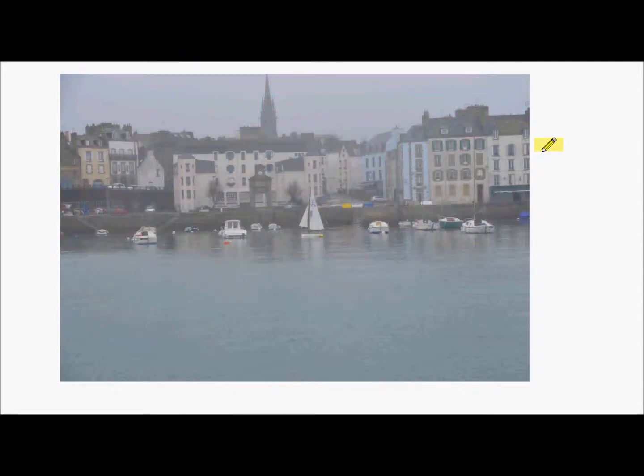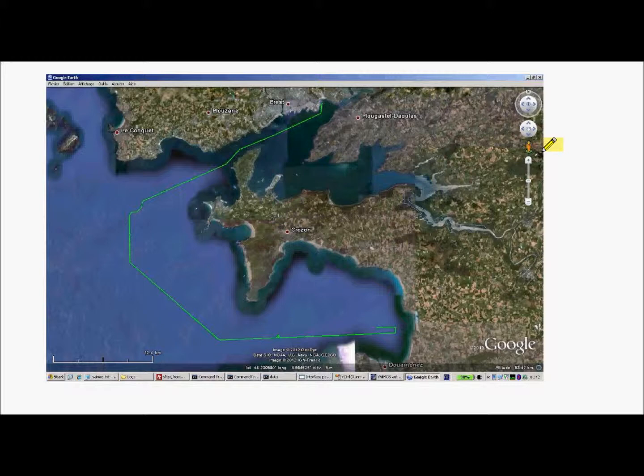We do not see where the wind comes from because I would have to zoom in. We can see here that we had to move vaimos because of the submarine, and here another problem because of a boat. And on the way back, we stopped here.